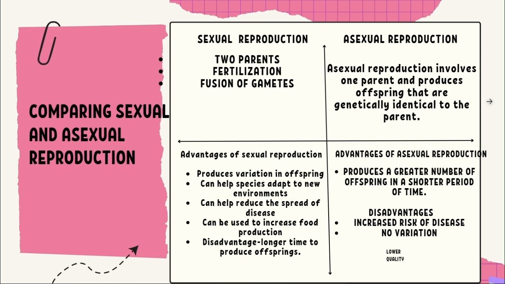So, for example, compare human beings. A pregnant woman has the baby in her belly for 9 months. It's 9 months to give one or two children, right?